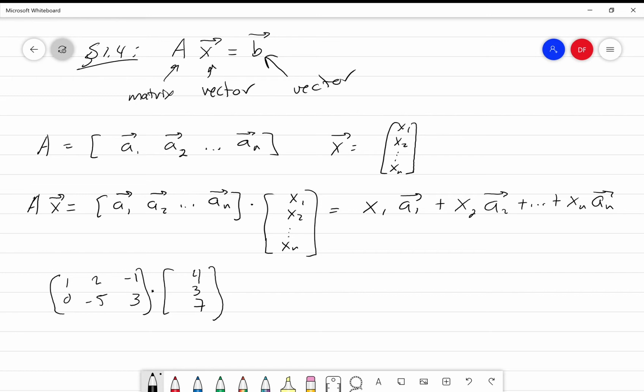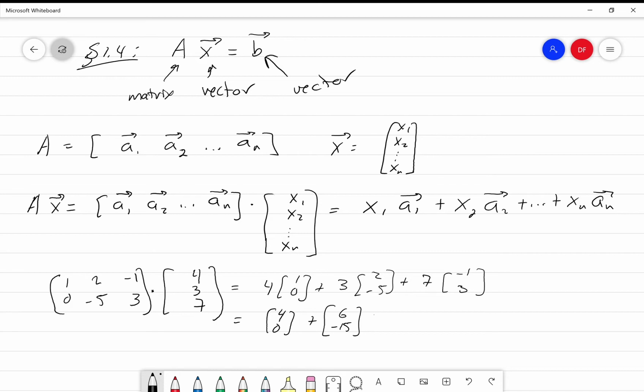All right. So we will have 4 times 1, 0, plus 3 times 2, negative 5, plus 7 times negative 1, 3, which is 4, 0, plus 6, negative 15, plus negative 7, 21.